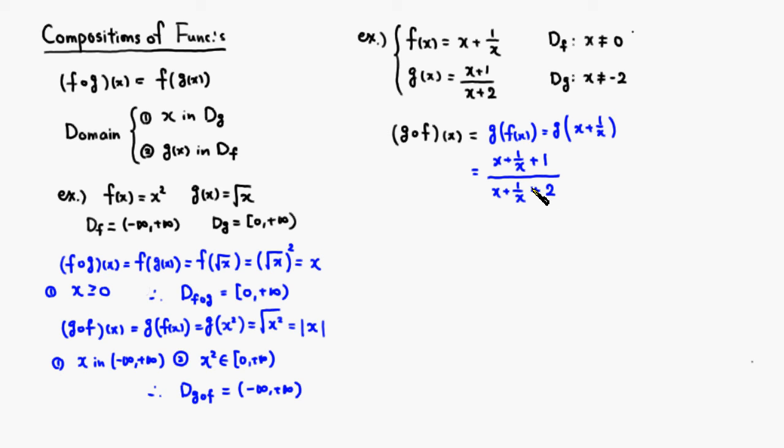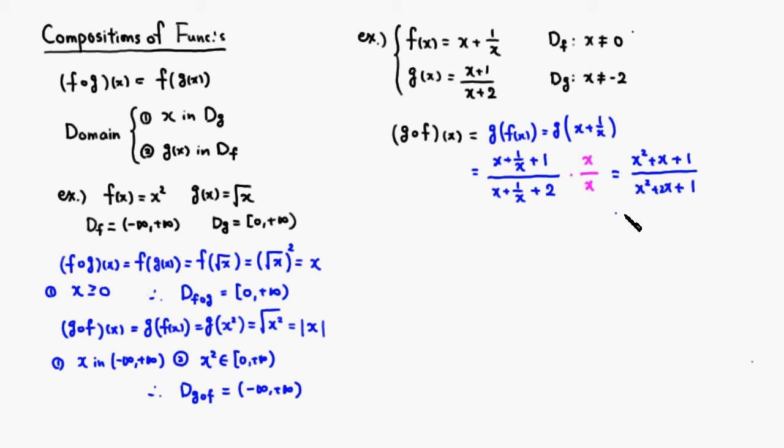All right, and if you want, you can multiply top and bottom, since I don't like to have fractions inside a fraction. So I'm going to multiply top and bottom by x to get the expression x squared plus 1 on top, and plus x over x squared plus 1 plus 2x.